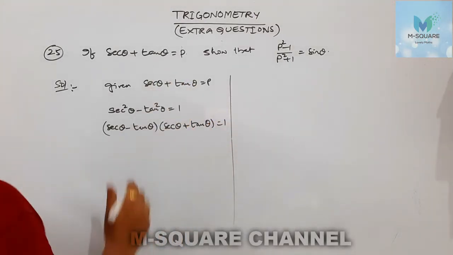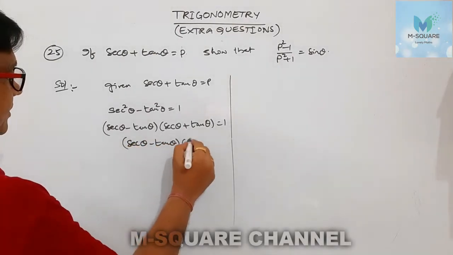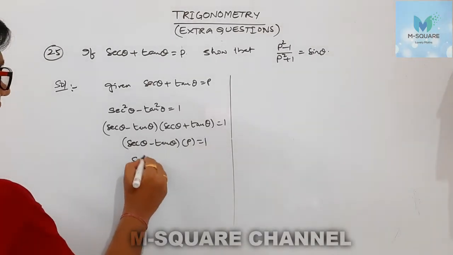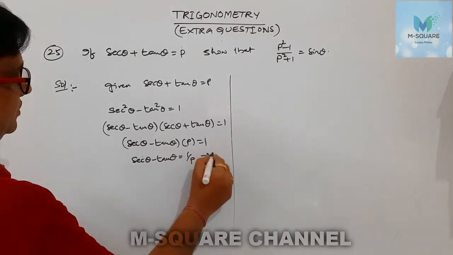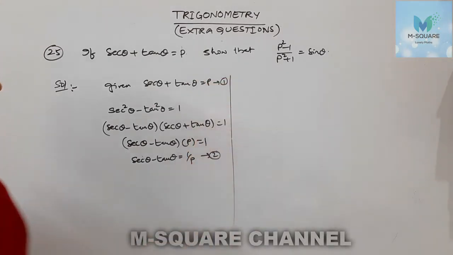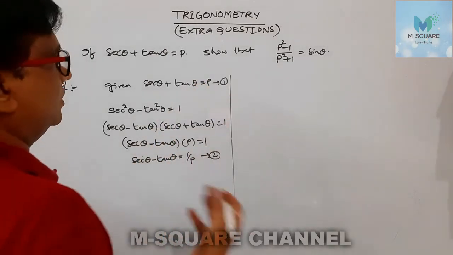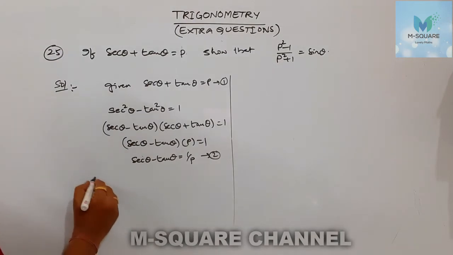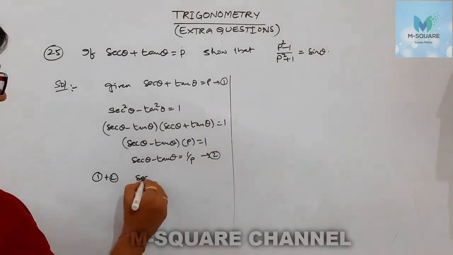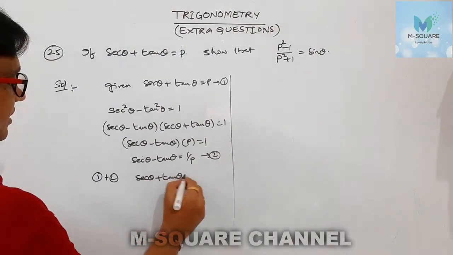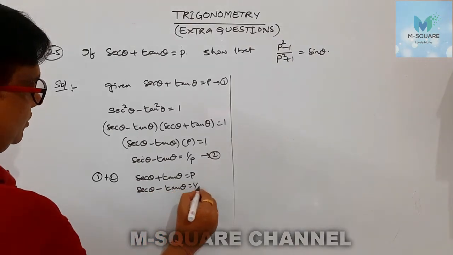This value is P, already given, so (secant theta minus tan theta) into P equals 1. So secant theta minus tan theta equals 1 by P. This is the second equation, and the first is secant theta plus tan theta equals P. Now we solve these two equations, one by addition and one by subtraction.